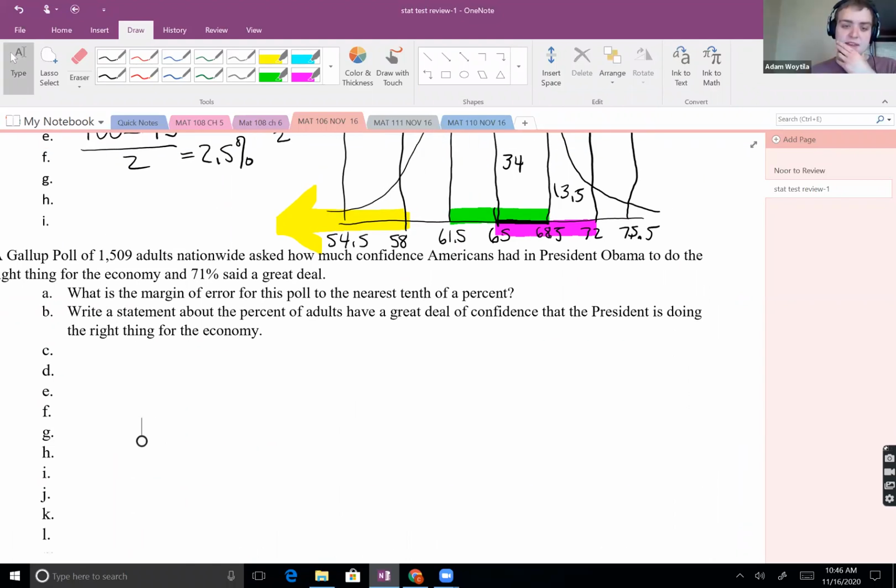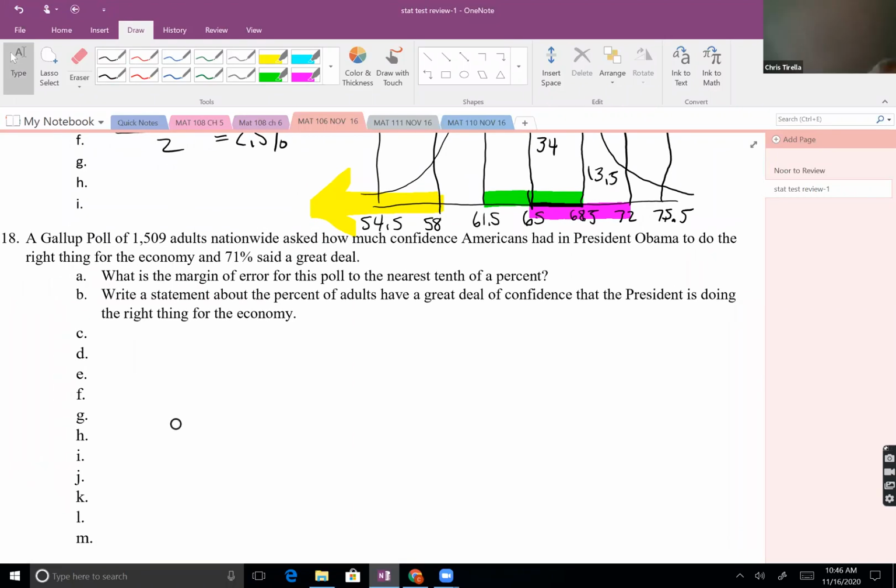75 minutes. Okay. Now, next question says, in a Gallup poll of 1,509 adults nationwide, asked how much confidence Americans had in President Obama to do the right thing for the economy? Is it obvious that this question is like 8 years old?